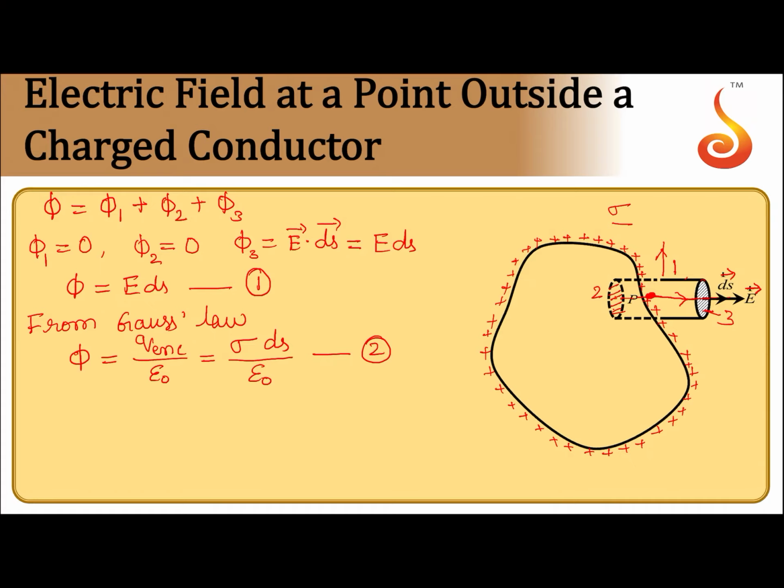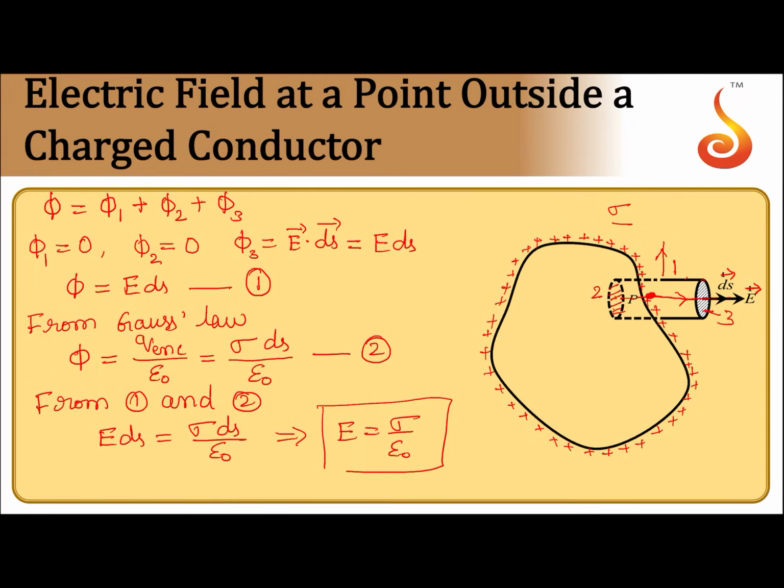Now from 1 and 2 we have two equations for flux. Left hand side is the same, so we can equate the right hand side. From 1 and 2, E ds is equal to sigma ds by epsilon naught. ds gets cancelled, and we get E is equal to sigma divided by epsilon naught.